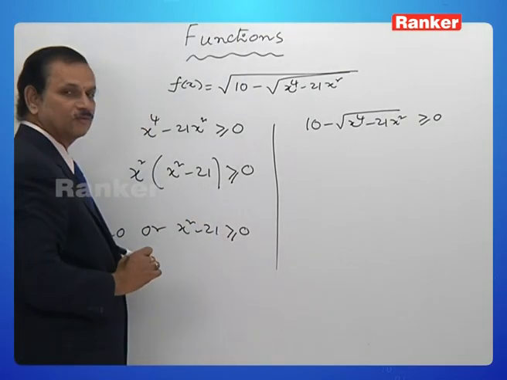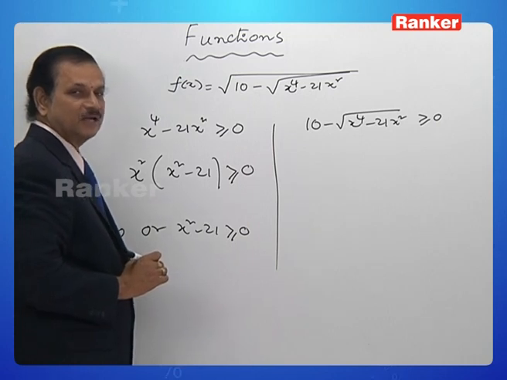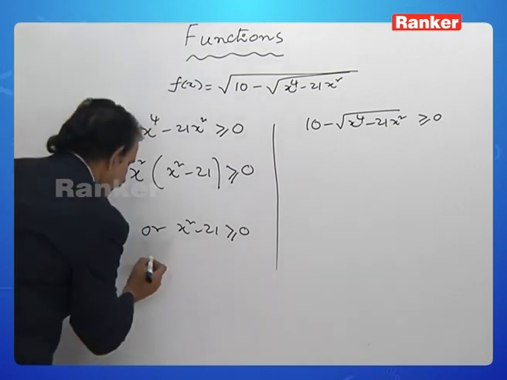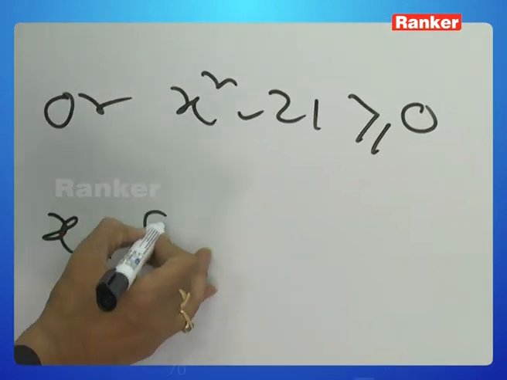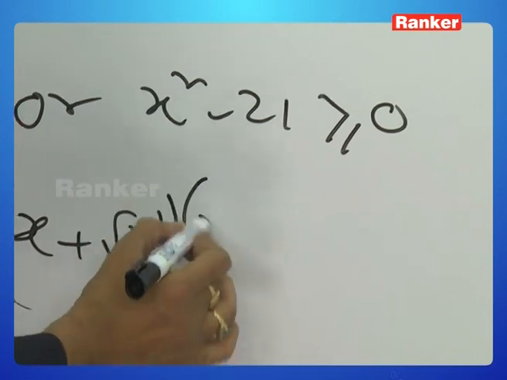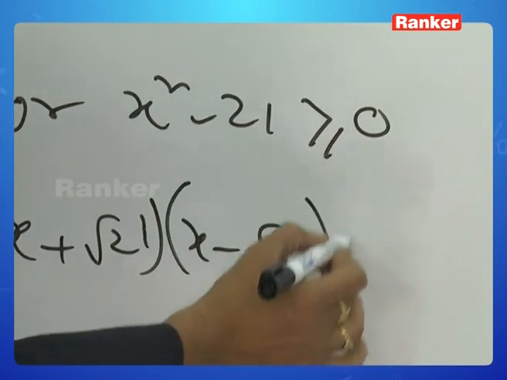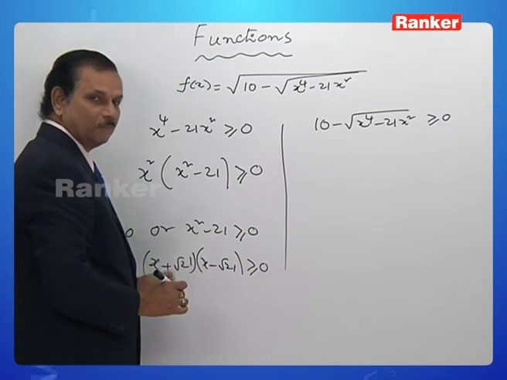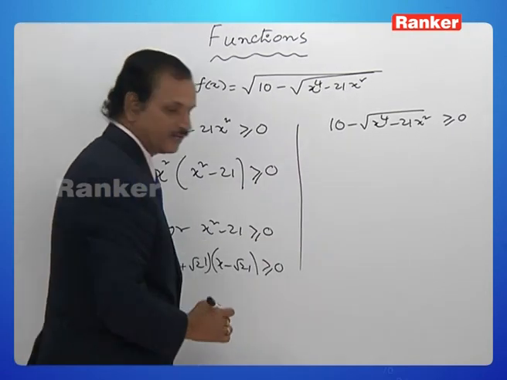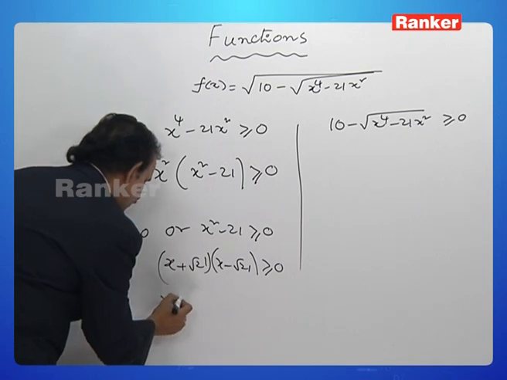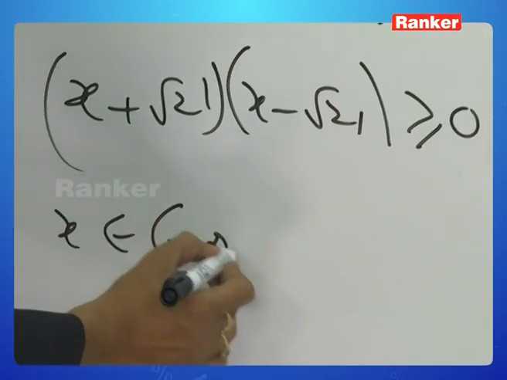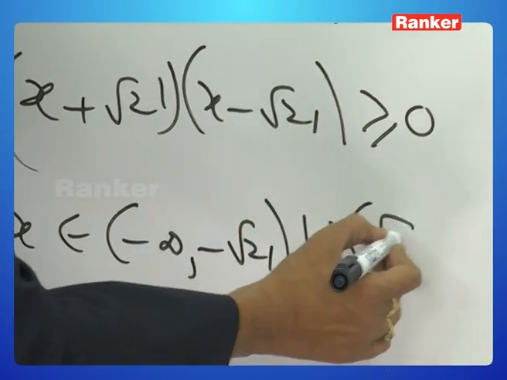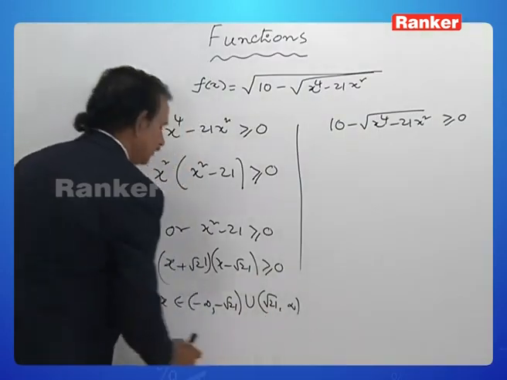This x square minus 21 can be read as x plus root 21 into x minus root 21, greater than or equal to 0. It means that x does not lie between minus root 21 and plus root 21. That is, x belongs to minus infinity to minus root 21 union root 21 to infinity.